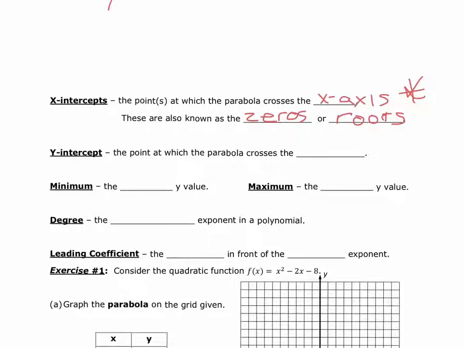Our y-intercept, the point where the parabola crosses the y-axis. Minimum, the lowest y value, and maximum is the highest y value.